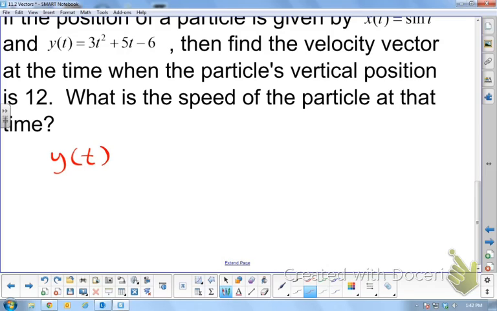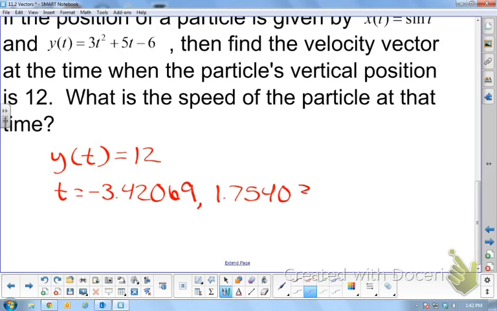What did you guys get for our t values? 3.42069 and 1.754. Yep, that's what I got. We do want to use 5 decimal places because we've got to plug it back in. At least 5 will counteract some of the error that goes on when you approximate.